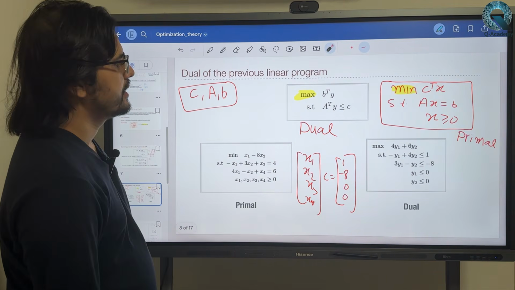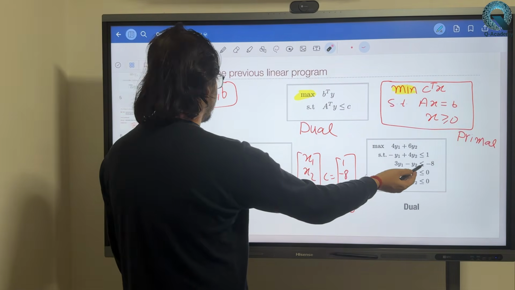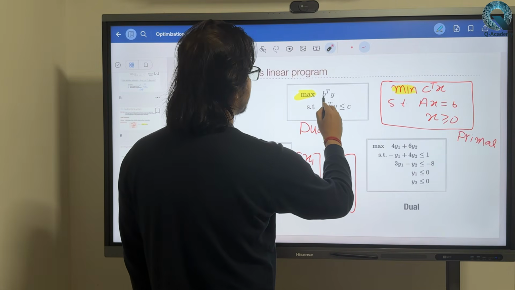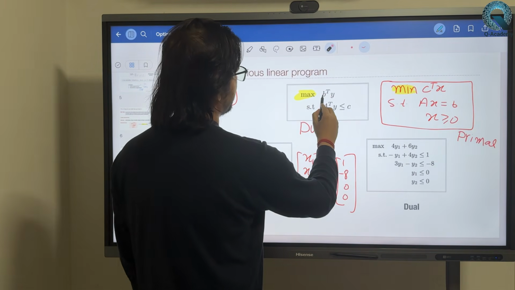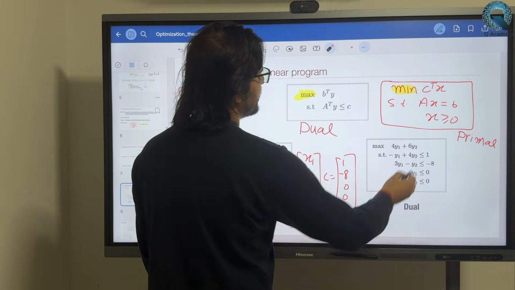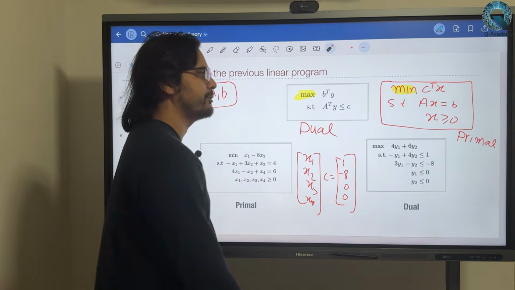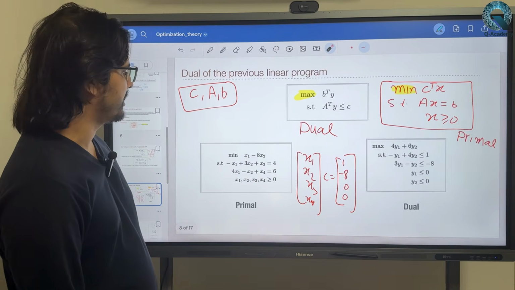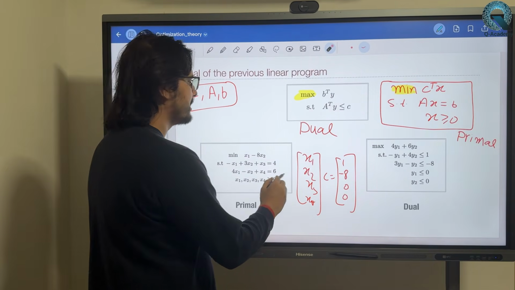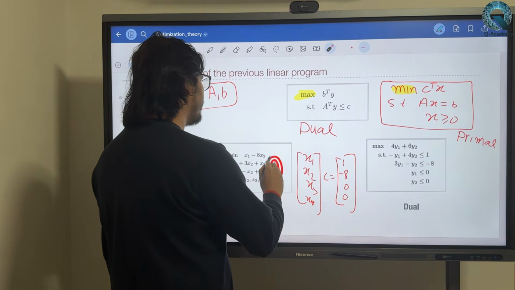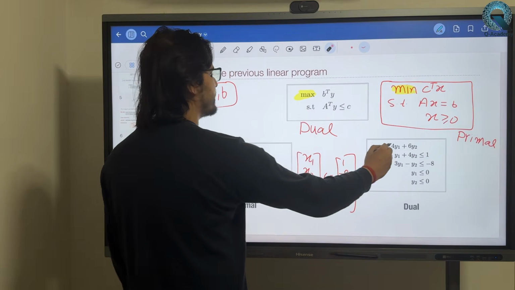Okay, and similarly you can see that this B which is here in the objective corresponds to the bound that you have in the primal LP. In the bound you have 4, 6, and that 4, 6 appears here in the objective.